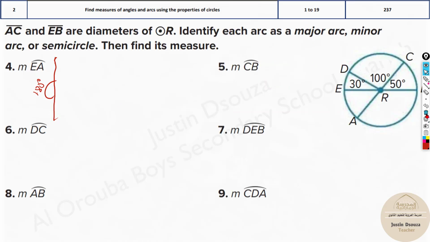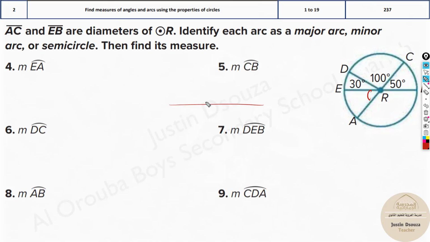Moving on to the next type of problems. Here we have been given a circle with many angles and we need to find the measure of arcs. And we have to tell whether they are major or minor arc. Now EA, you can see E and A, right? This is a minor arc because it's less than 180 degree. But here it's not just finding that, you need to even find the angle.